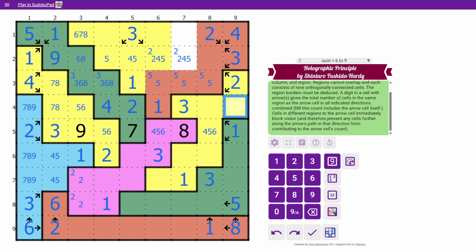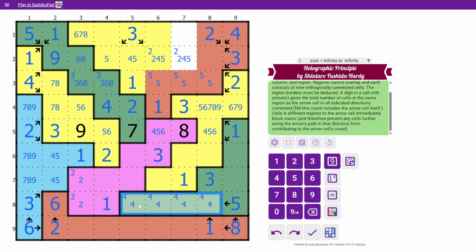This is 6, 7, 9. This is 5, 6, 7, 8, 9. Four is now in this row. What else is in this row?